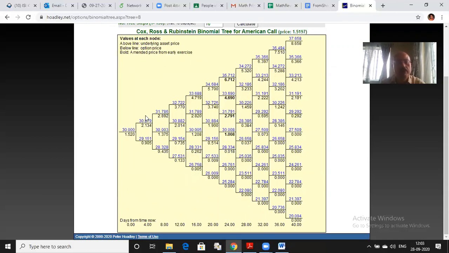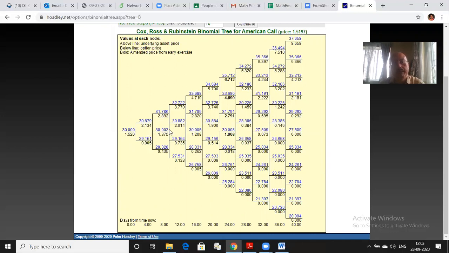So what is happening here? With that calculation, in one single time period, I can either go up to 30.88 or down to 29.15. So this is a small percentage change in two directions. And then of course it keeps branching out.